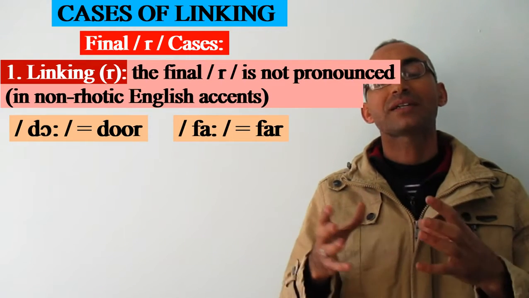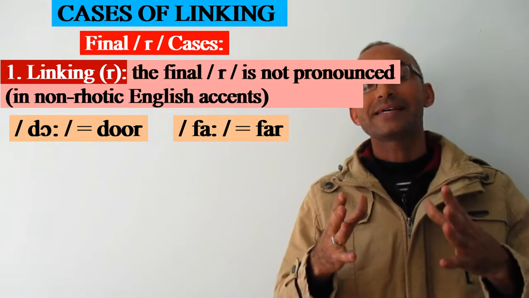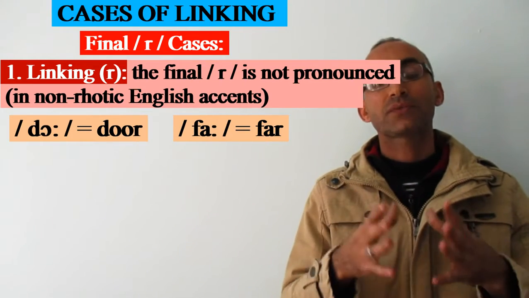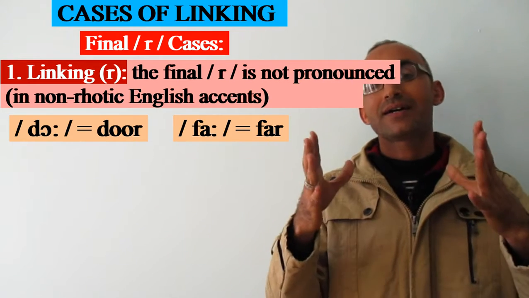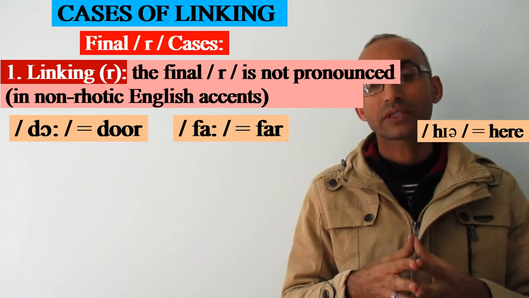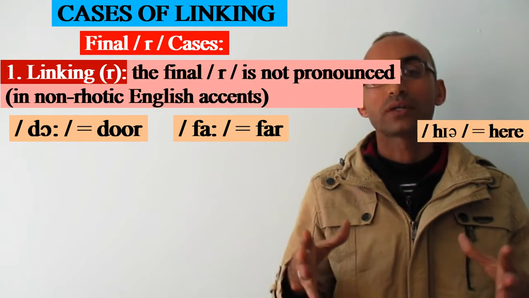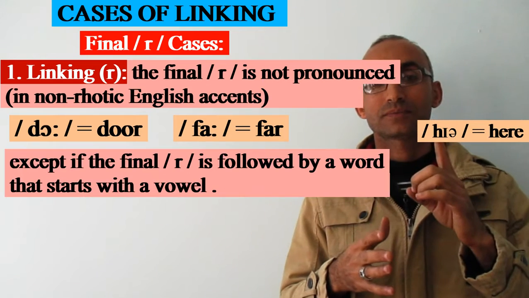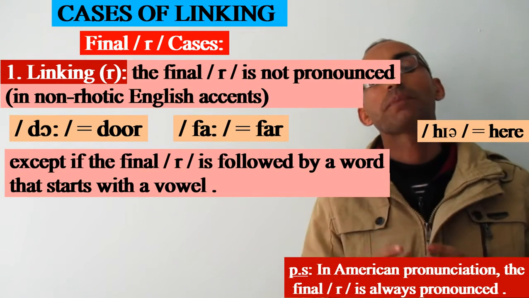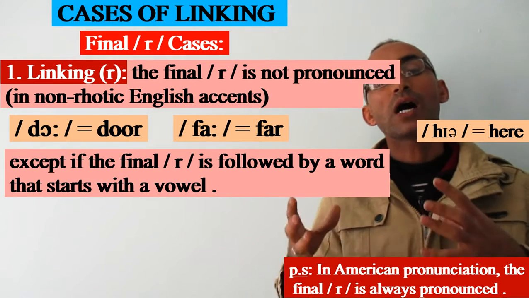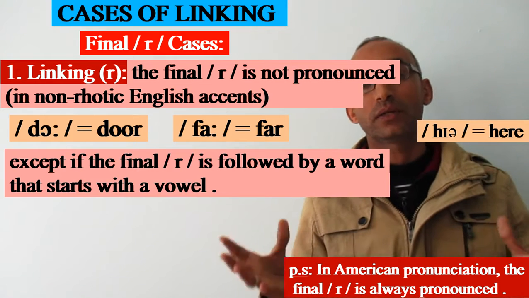We don't pronounce the final R here, because in standard English pronunciation, the native speakers, British speakers, don't pronounce this R, which is called linking R, except if this R is followed by what? By a word which starts with a vowel.